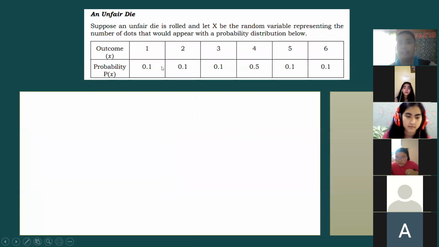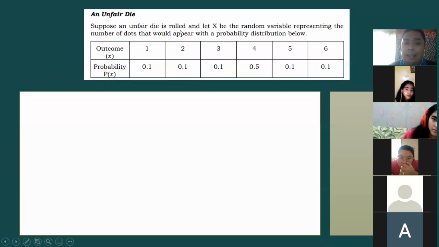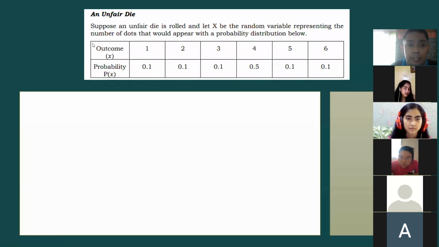So, gawin natin yung process na alam natin. Example, we have this. Suppose an unfair die is rolled, and let x be the random variable representing the number of dots that will appear with the probability distribution below. So ito raw yung probability distribution natin. So gawa tayo ng ating probability distribution.